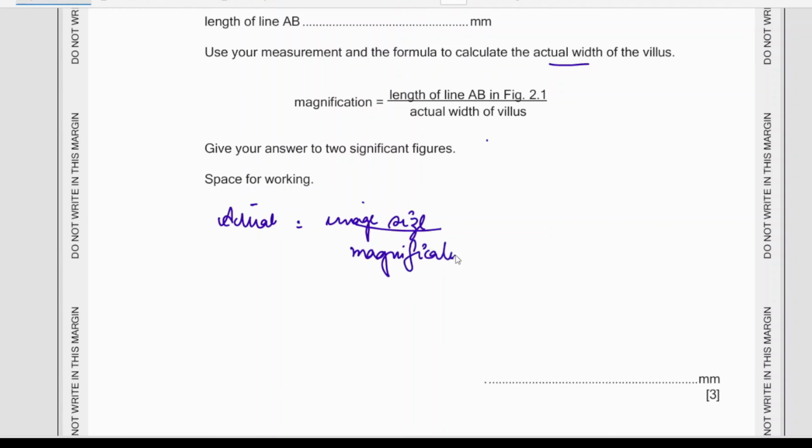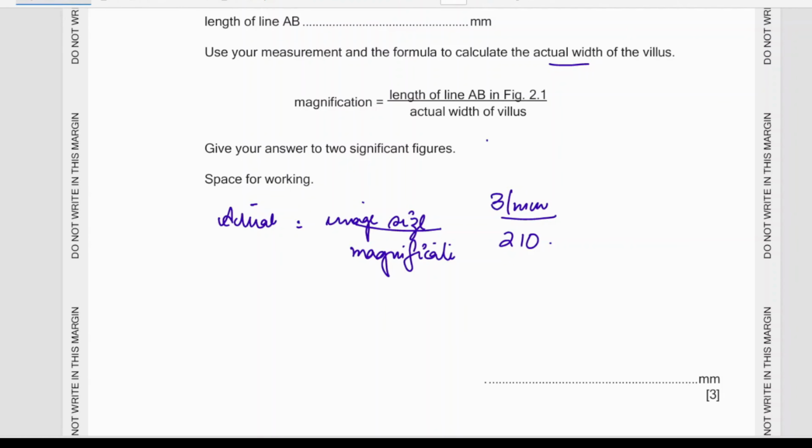So let's say if it's 3.1 centimeter, that is 31 millimeter, divided by 210, that would be around 0.15.